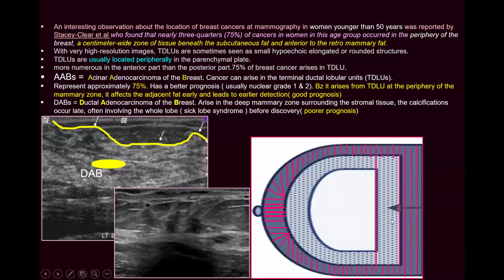Unluckily, if the cancer arises here, it will be close to the fat glandular interface, adjacent to the fat. So it will make a reaction, like in this patient of mine. Looking at the cancer here, it causes distortion into the adjacent fat and even affects the skin.